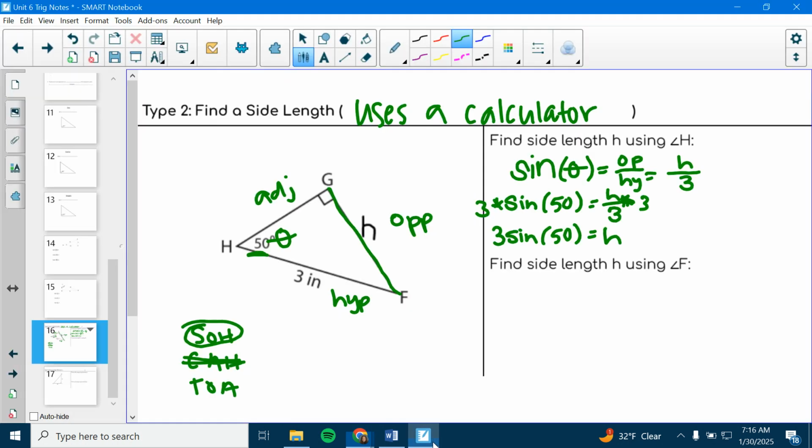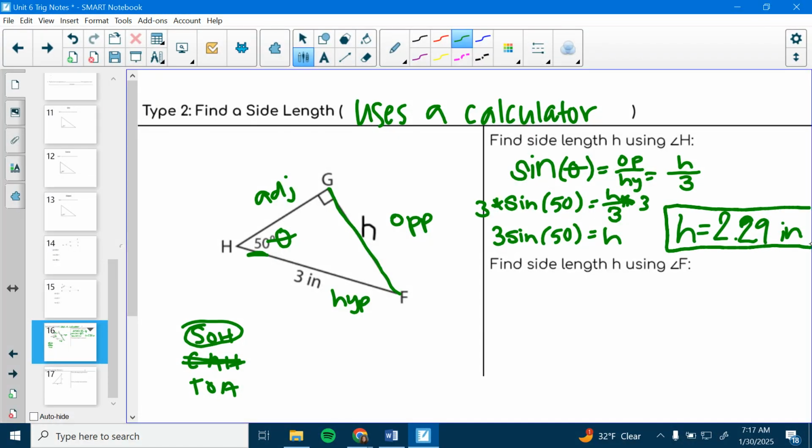Okay, so I did it on my calculator just now, and I found that when I took the sine of 50 and multiplied it by 3, h is equal to 2.29 inches. So that would be my answer.